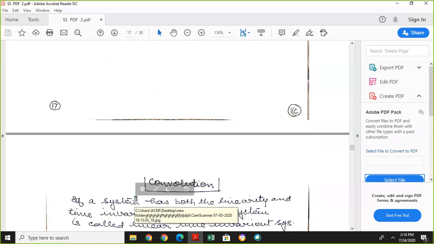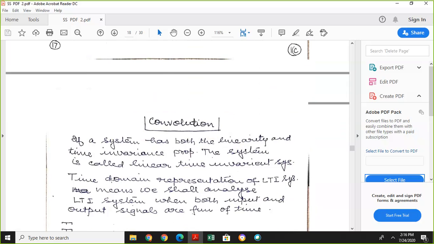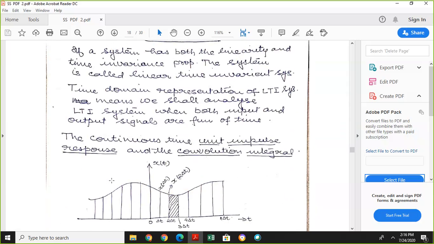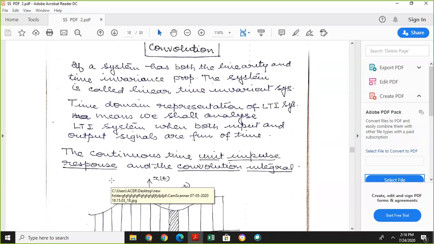Next is convolution. If a system has both linearity and time invariance property, then the system is known as a linear time invariant system.